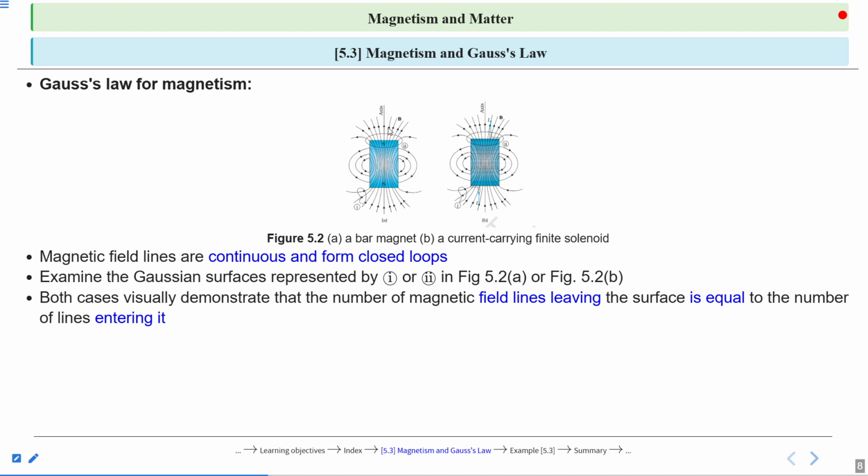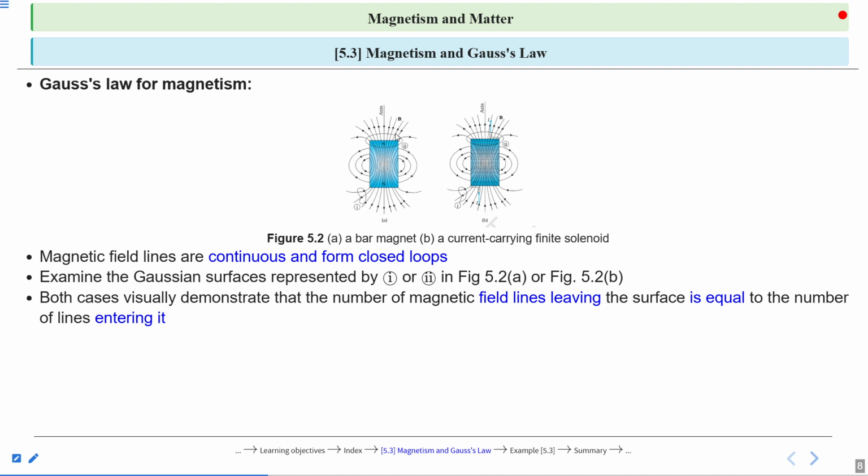Now, in the previous case of electric flux, the second surface was enclosing a positive charge, due to which there was only net outward flux. But in magnetism, we cannot say that magnetic field lines are originating from the North Pole, because inside the bar magnet or inside the solenoid, magnetic field lines also exist from south to north. So in this surface, magnetic field lines are entering from one side and exiting from the other side.